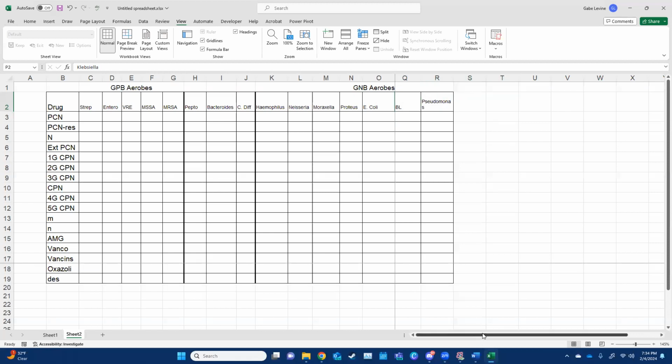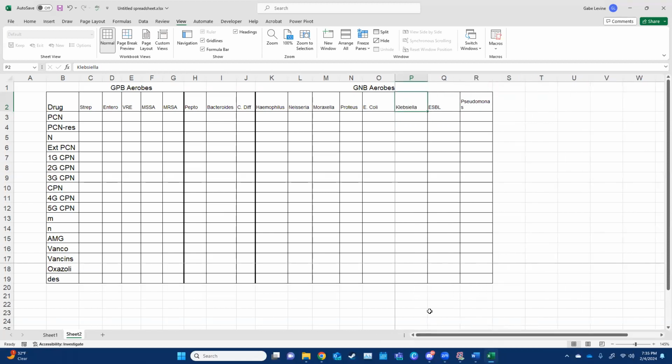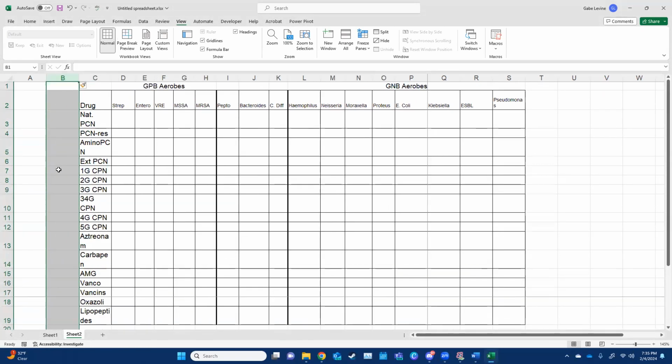Okay. So let's start with the cephalosporins. First gen cephalosporins. So what kind of drugs are we talking about, first gen cephalosporins?